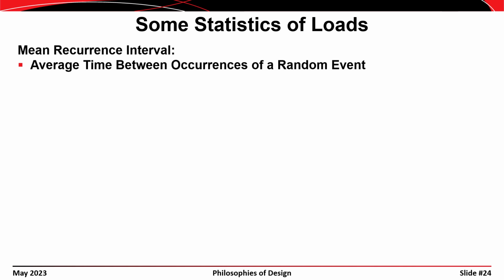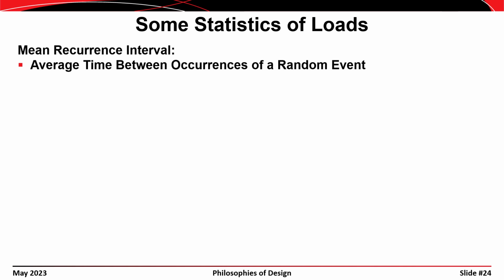All right, now the last term that I'll define is the mean recurrence interval. And this is the average time between occurrences of a random variable. So let's suppose that we define our random event as an earthquake with a magnitude 8. So that's magnitude 8 on the Richter scale. How long is it going to be between each of those events at a given point?